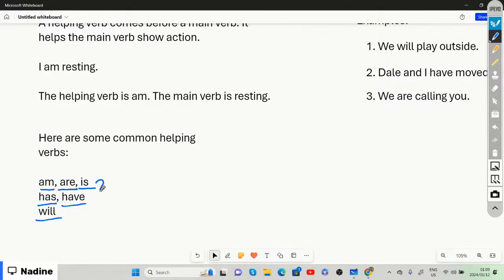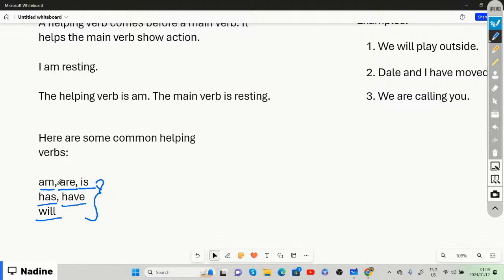And when we look at these helping verbs, depending on the specific tenses, whether it is the present tense, past tense, or future tense, that is when we will be using the helping verbs to show action. So am, are, is, has, have, or will.